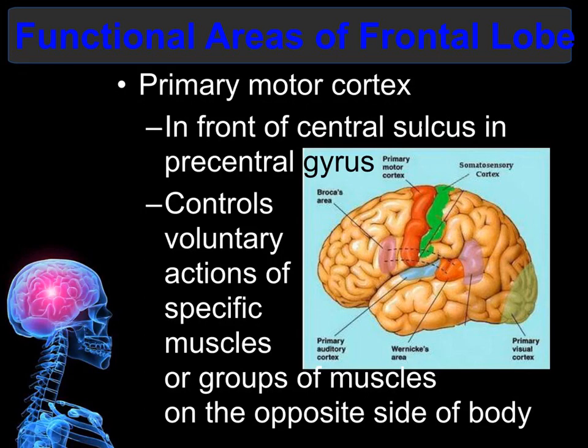It is located on the precentral gyrus, which is the area right in front of the central gyrus, that's where it gets its name. And its job is to control any kind of voluntary muscles or control of the skeletal muscles of the body.